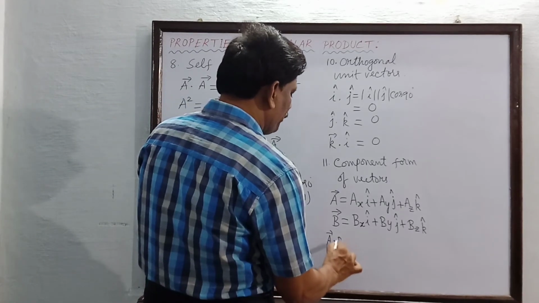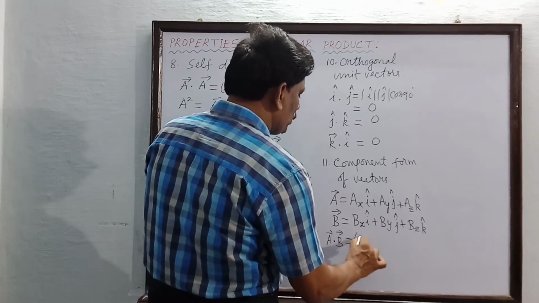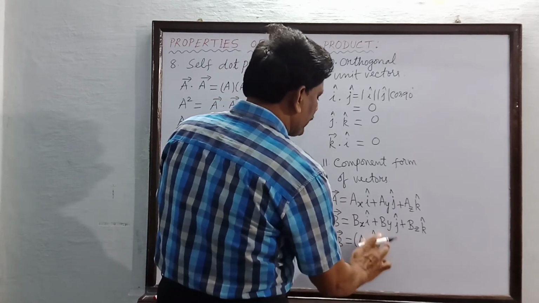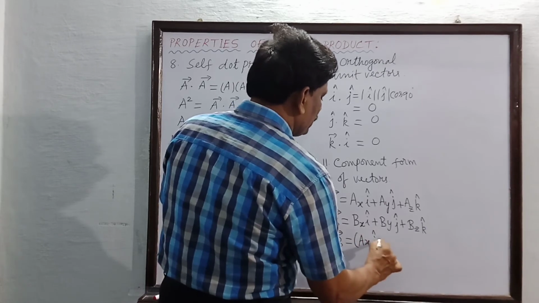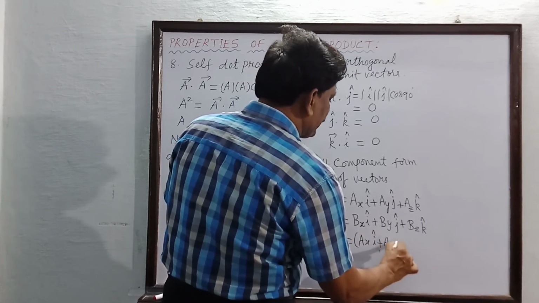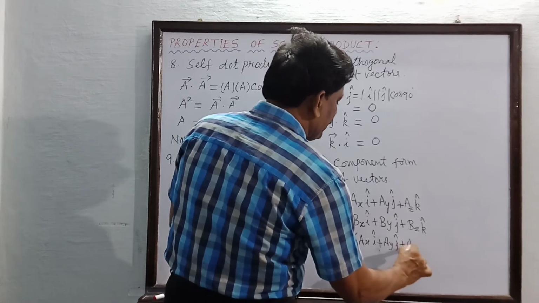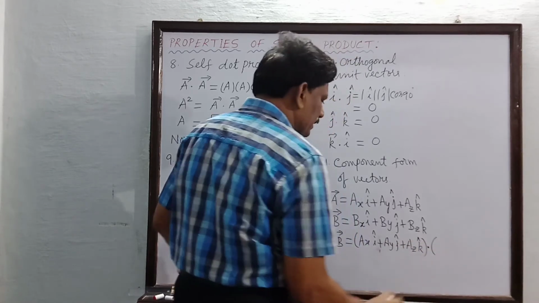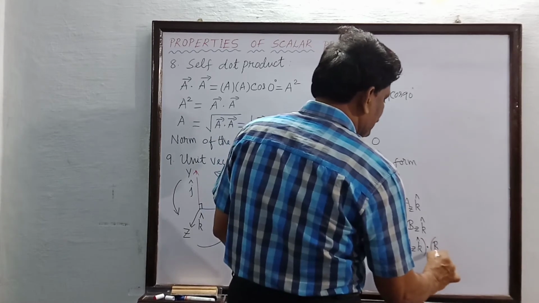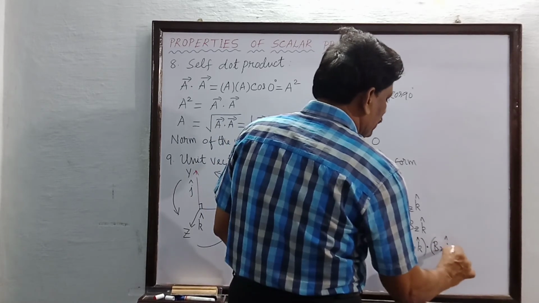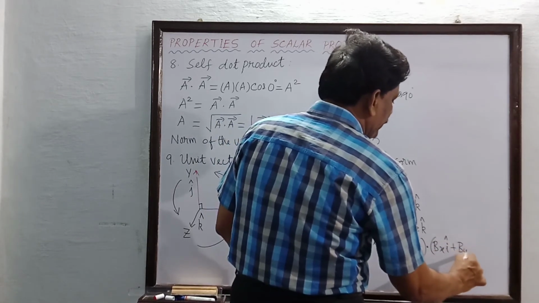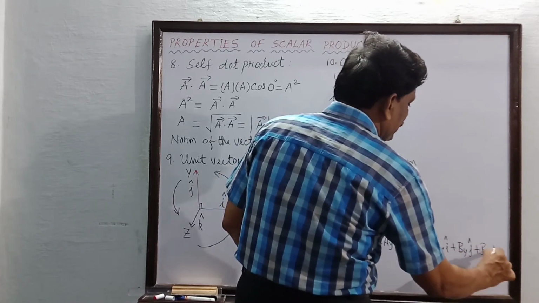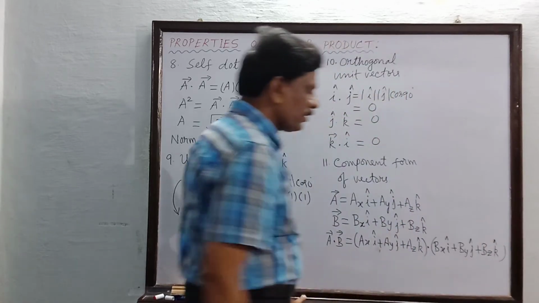So, A dot B is now equal to Ax into i cap plus Ay into j cap plus Az into k cap, dot product with Bx into i cap plus By into j cap plus Bz into k cap.